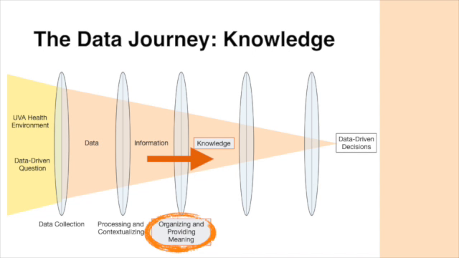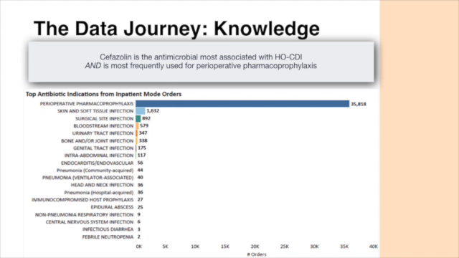Knowledge. Next, we need to push our information into knowledge. To do this, we need to organize our information and provide additional meaning. We already know there is a link between cefazolin and hospital-obtained C. diff. This graph shows that cefazolin is also frequently used for perioperative pharmacoprophylaxis.